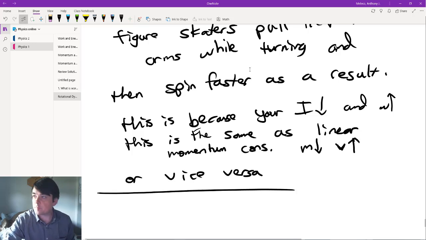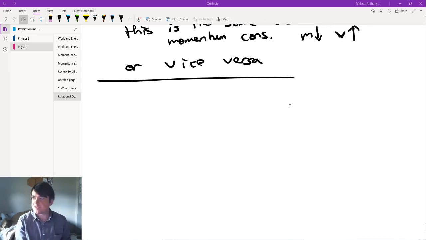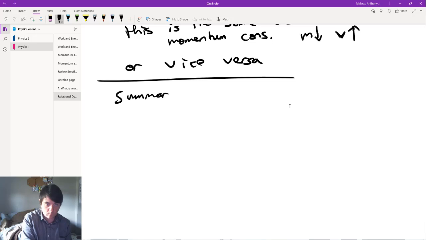All right. There's one more thing. Let's just do a summary now, just to make sure I've covered everything and you guys get everything in one place. Summary of rotation.